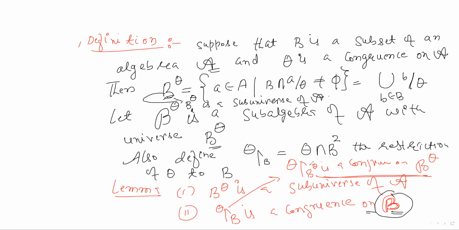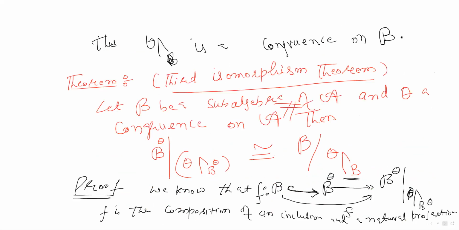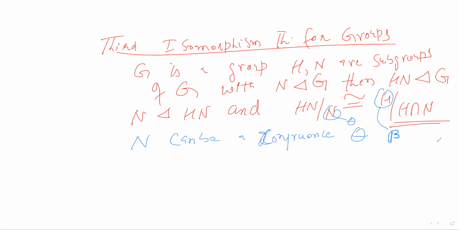Theta restricted on B was theta intersection B square. So H intersection N can play the role of this theta restricted on B.